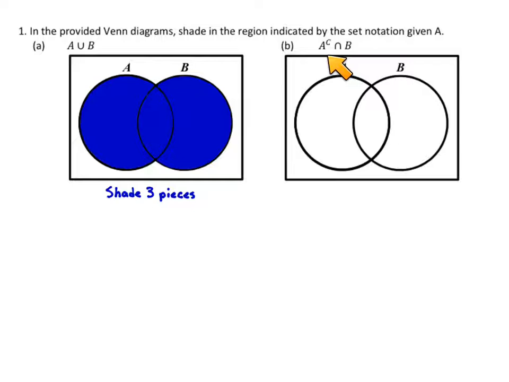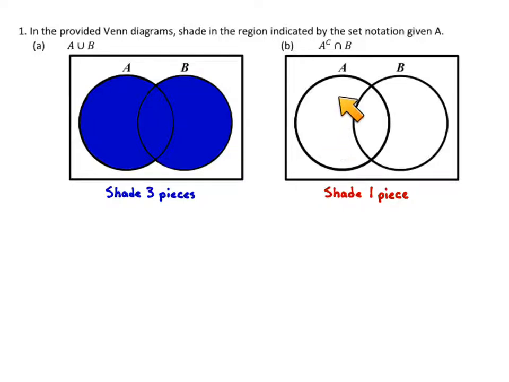For B, it says not A, intersect B. Not A and B. So that means we want the region that is both not in A and is in B. Remember, when you hear the word and or intersection, you're thinking one piece of the Venn diagram. So what piece represents not A and represents B at the same time?